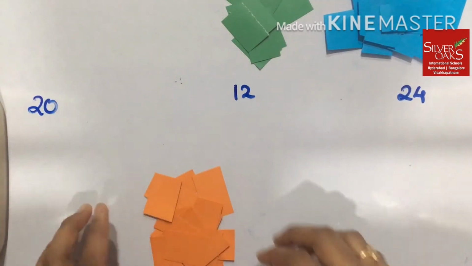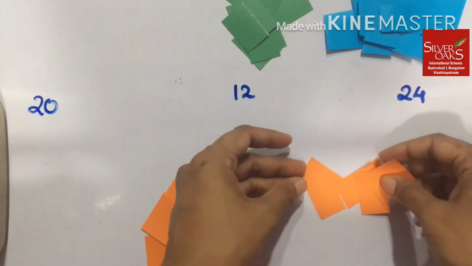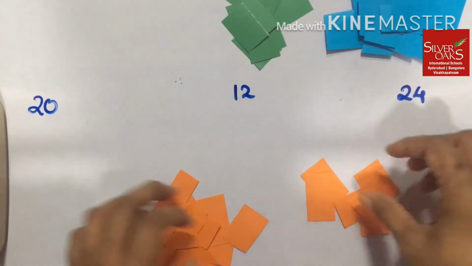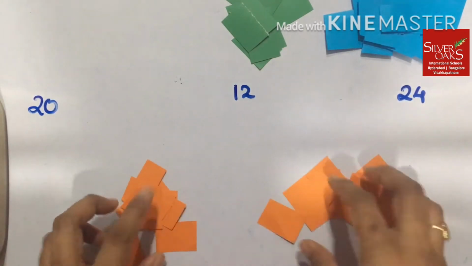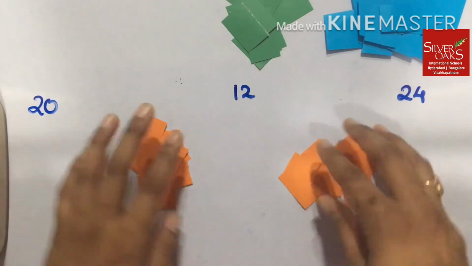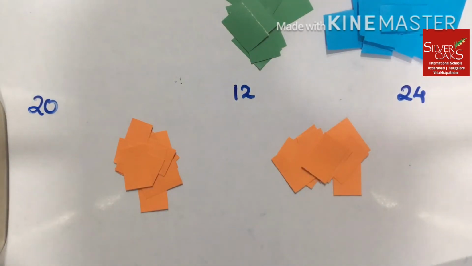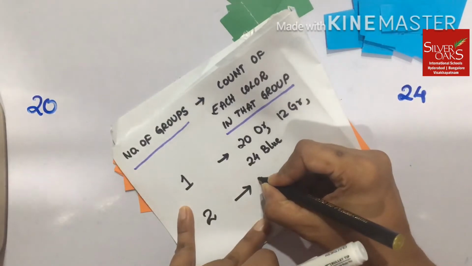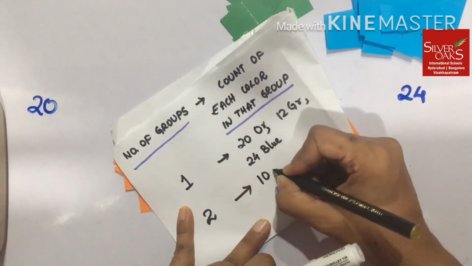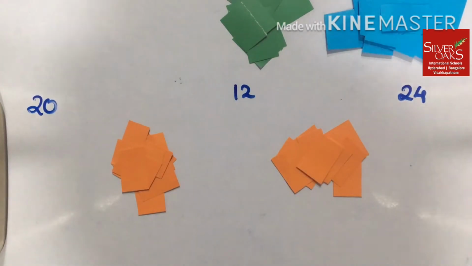Because I have 20 over here. 1, 2, 3, 4, 5, 6, 7, 8, 9, 10. So my oranges would be 10 and 10 in each of my groups. Let me record it. What about my green?